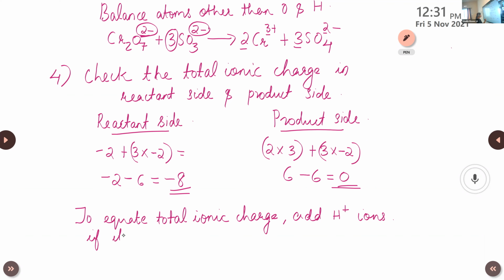Here in the question itself, it is given as acid solution, right? So we have to add H plus ions. If it is basic, we have to add OH minus ions. In this question, it is given as acidic solution, so we will add H plus ions. If the question gives a basic solution, we need to add OH minus ions. Clear?